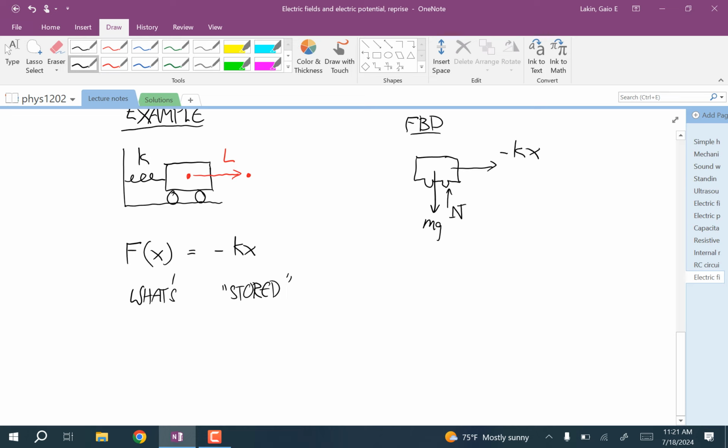Well, I'm going to use this same derivative relationship. So the change in spring potential energy is equal to negative integral from 0 to L, because we're starting at x equals 0 and ending at x equals L, of the force as a function of x dx.